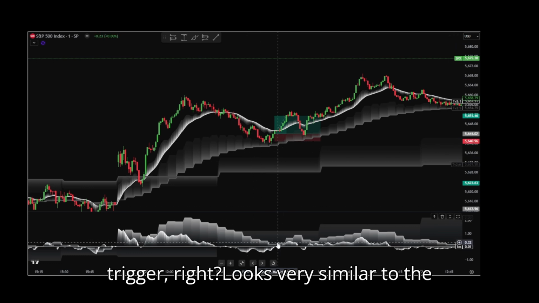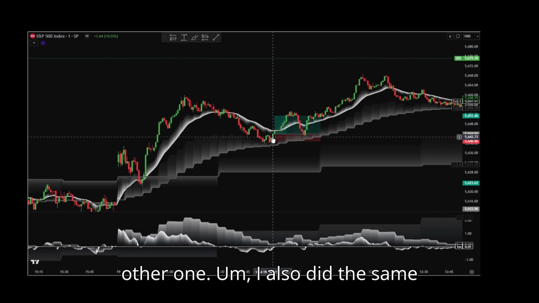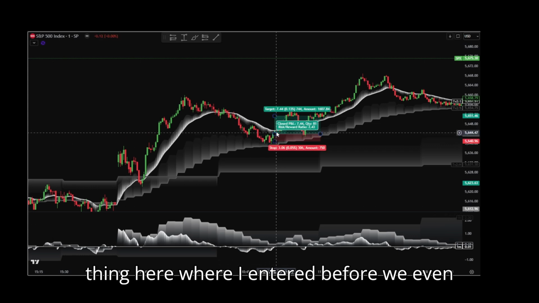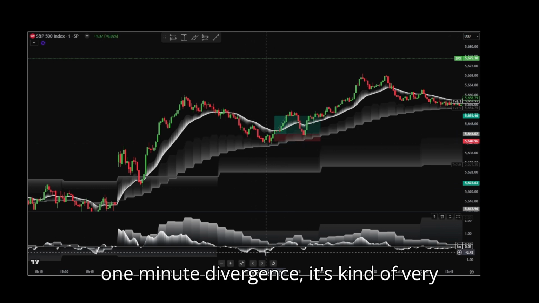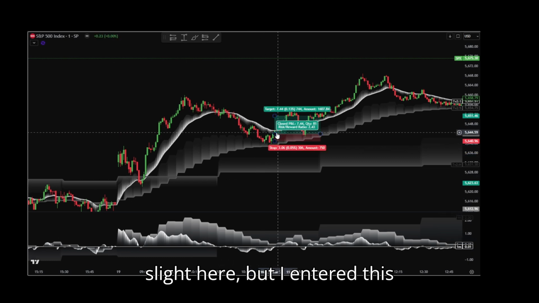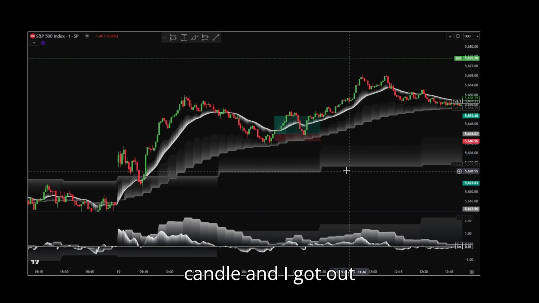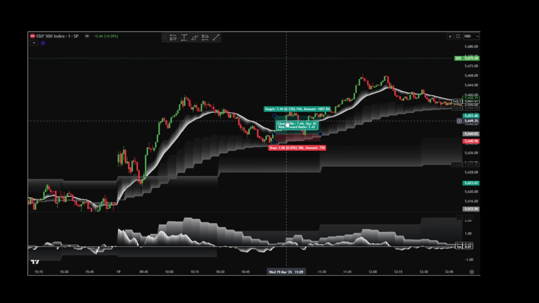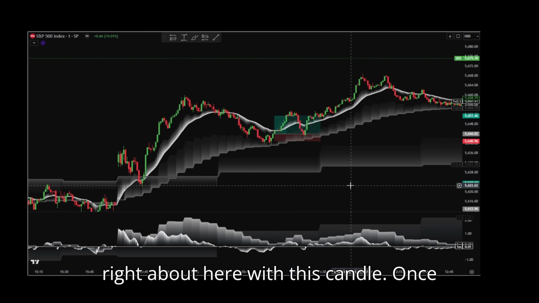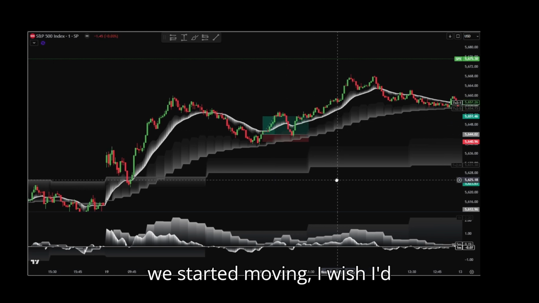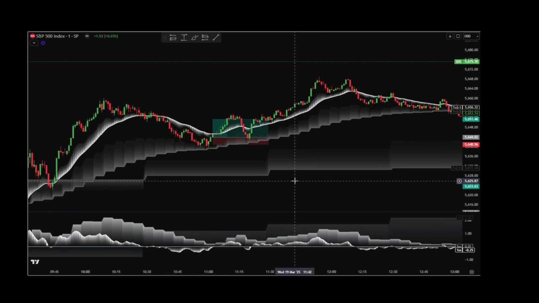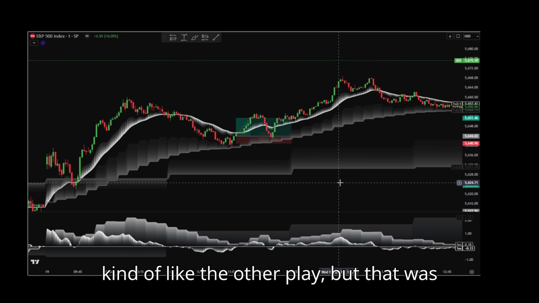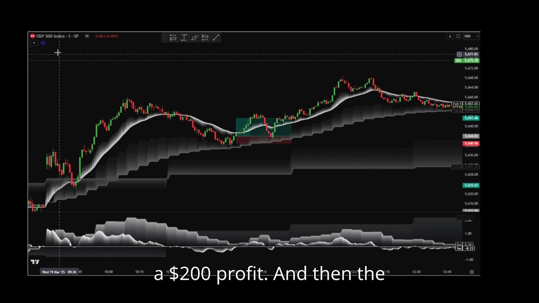Looks very similar to the other one. I also did the same thing here where I entered before we even got the mount, just because we have a 1 minute divergence, although it's very slight here. I entered this candle, and I got out right about here with this candle once we started moving. I wish I'd gone bigger size with this, like the other play, but that was a $200 profit.